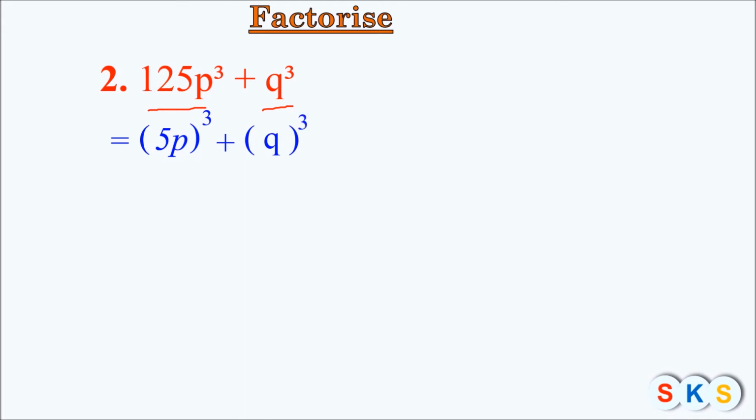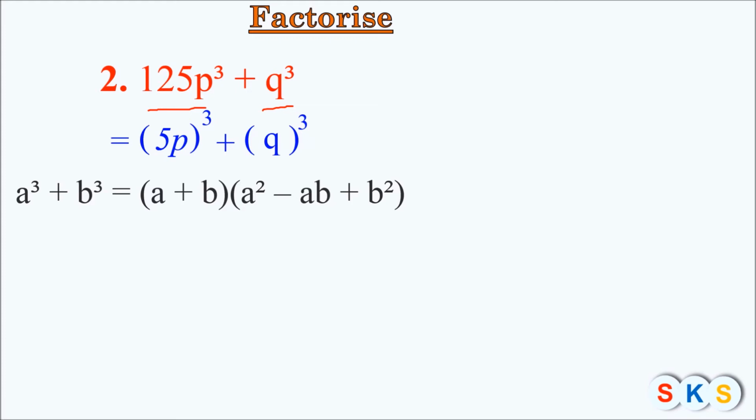You can see that your question is converted into the form of a cube plus b cube. So we will use the formula a cube plus b cube is equal to a plus b into a square minus ab plus b square.